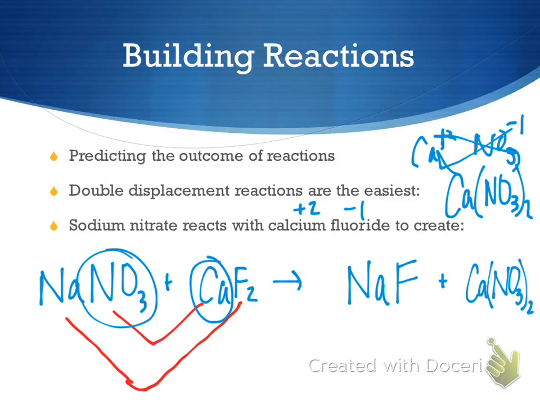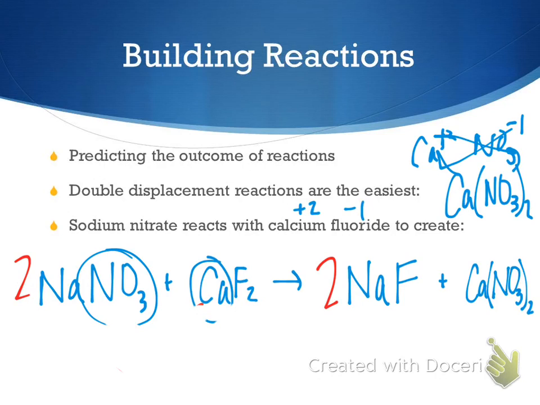Now we balance the formula. Okay, so what do we need to do to get it balanced? Which Na? This one? So I've got 2 nitrates, 2 nitrates, 2 fluorines, 2 fluorines, 1 calcium, 1 calcium, 2 sodium, 2 sodium. Very good.